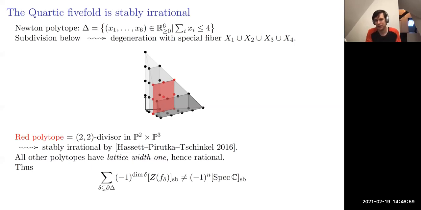If you can make sure that the other components are rational, as in this example here, then we have quite a good strategy. So this is what we basically utilize in the paper. We write down explicit degenerations with many components and then use this strategy.